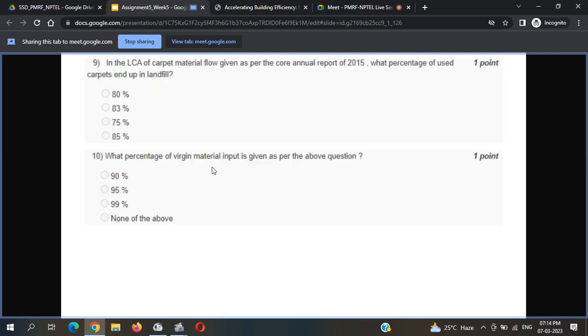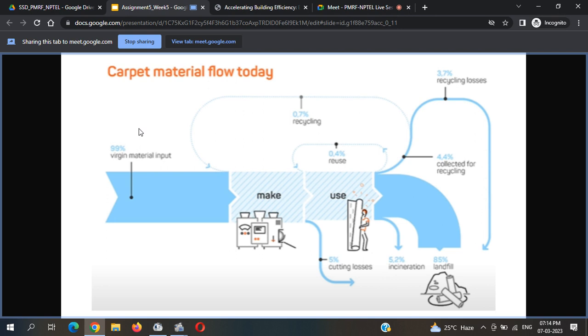The first question asks what percentage of used carpets ends up in landfills, and the options you are given are 80%, 83%, 75%, or 85%.